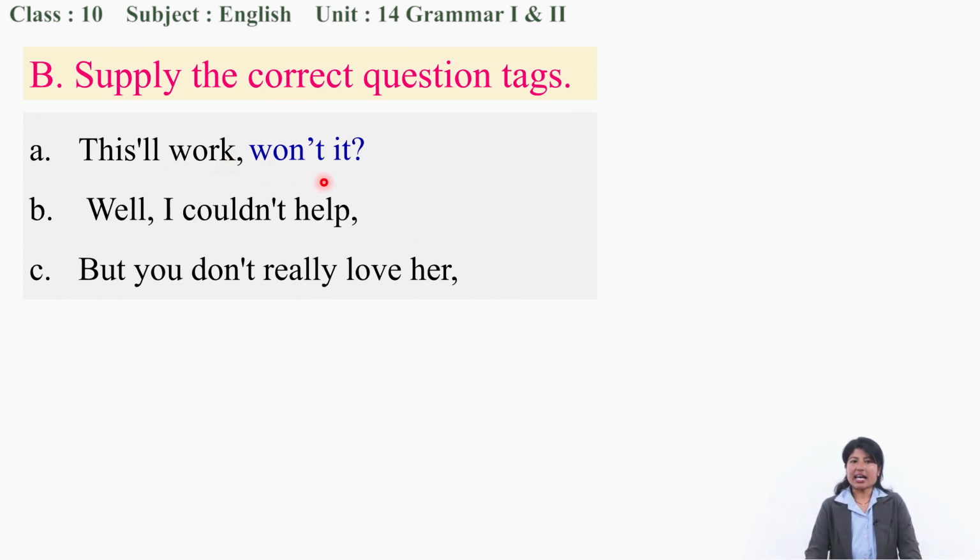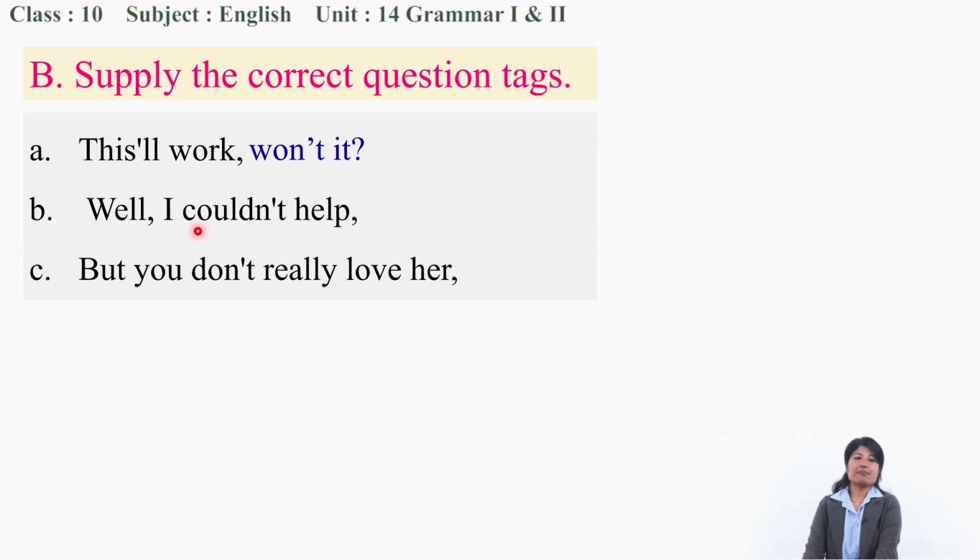Small letter. And one more thing we need to focus on over here: can you see this contracted form? This is called contracted form. The short form of not is n apostrophe t. Won't it. So this is the speciality of question tag.